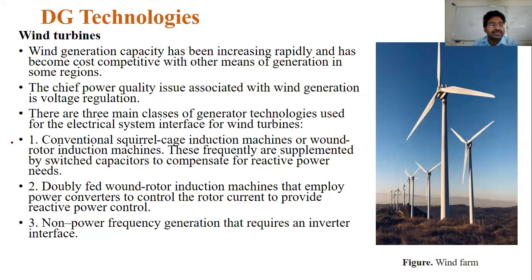Now see these different types of generators. Conventional squirrel cage induction machines or wound rotor induction machines are used here to generate power. Another type is doubly fed wound rotor induction machines, also used to generate power.